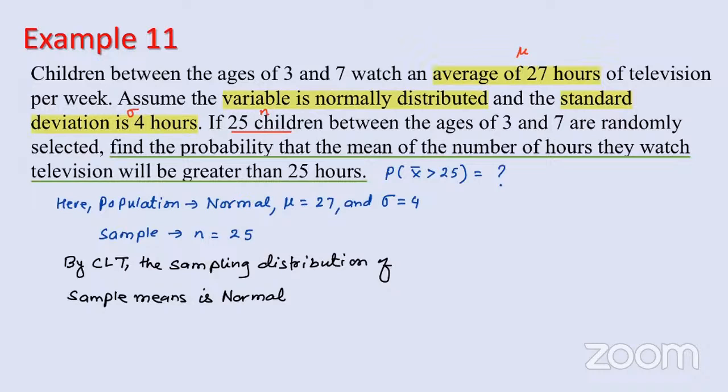It is normal with mean mu sub x bar equal to the population mean mu, which is 27. And the standard deviation, sigma sub x bar, is equal to sigma over the square root of n. The standard deviation of the population is 4, divided by the square root of 25. Sample size is 25. So that becomes 4/5, or 0.8.